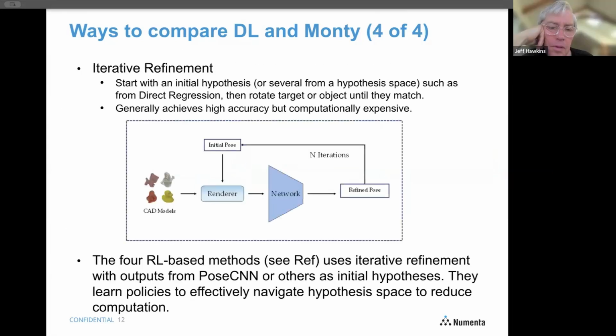Right, well, this one's a little confusing to me, unless it's doing all those CAD models in parallel, or one at a time. I guess there will be an object that was identified, so we already know what the object is.